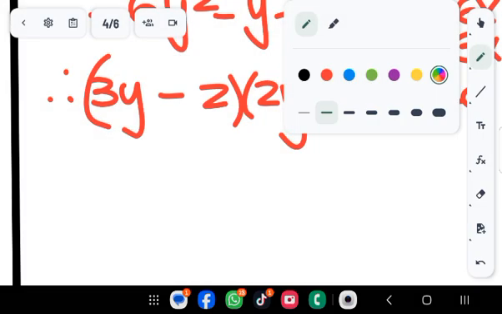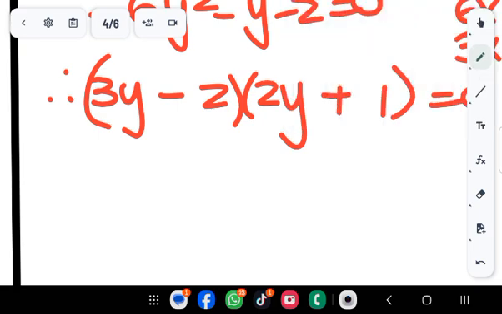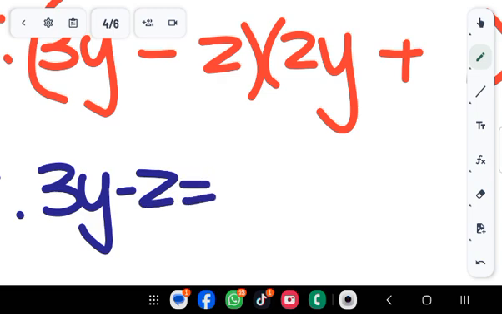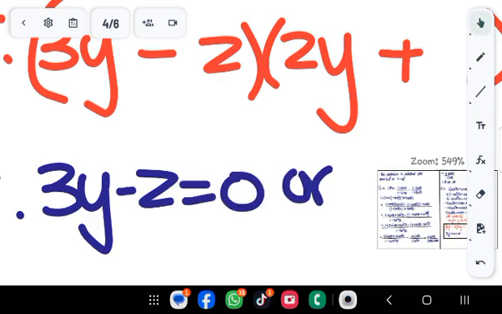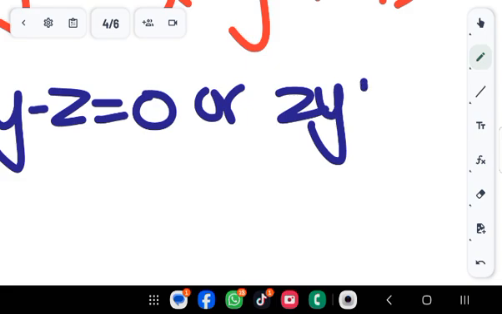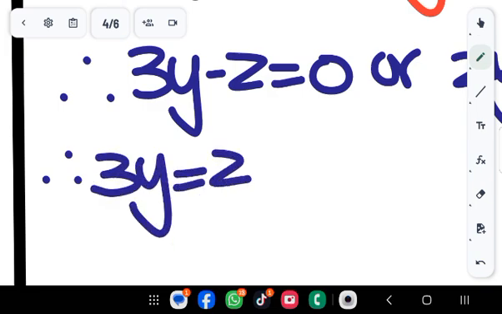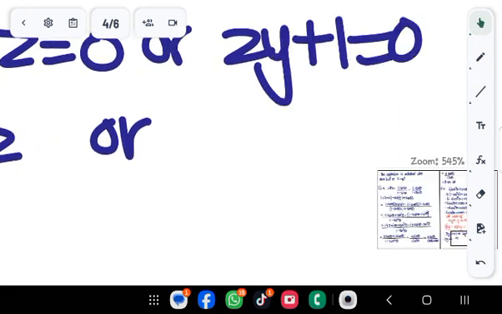So now let's go. Therefore, 3y minus 2 equals 0, or 2y plus 1 equals 0. Remember, these are not our ultimate variables. Our variables are cos theta.